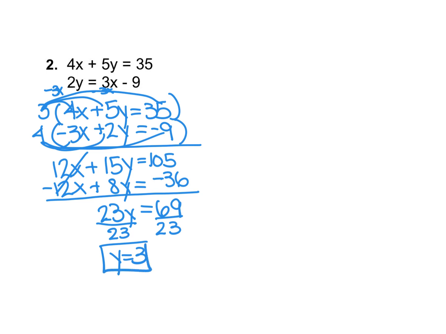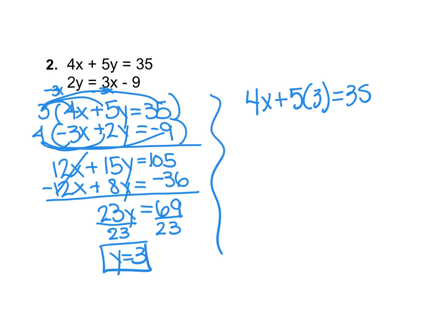All right, so now we're going to plug it in to solve for the other variable. So I've got 4 times x, which we don't know, plus 5 times 3 is equal to 35.